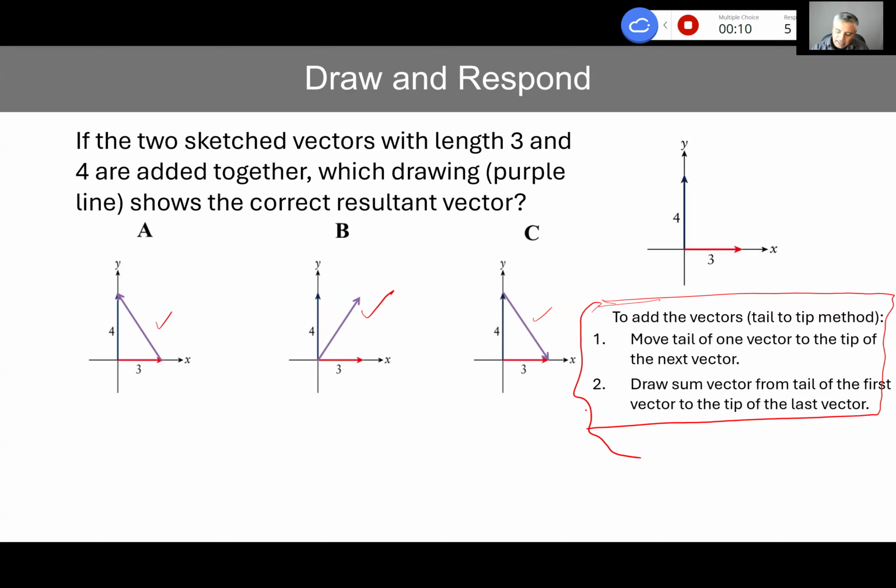And you have 1.5 minutes total for this. It's just drawing 3 lines. Draw 3, draw 4 appropriately, and then draw the sum line, okay?